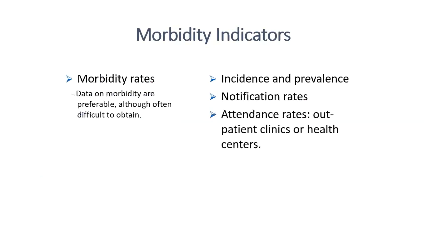Previously we have talked about two things: incidence and prevalence. If I say, what is the incidence of HIV today, the number of HIV cases which have been identified today will be attributed to incidence.